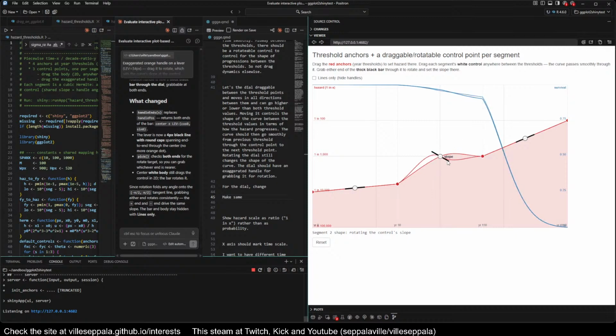Because if it's a linear scale between the years, and there's an equal area between this new value curve and the old value curve, the hazard curve, then, okay, maybe I'm wrong with my math. I don't know.